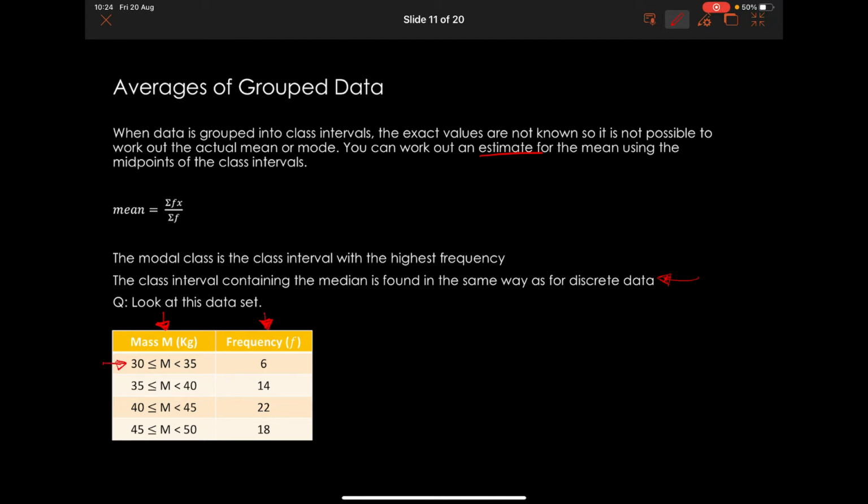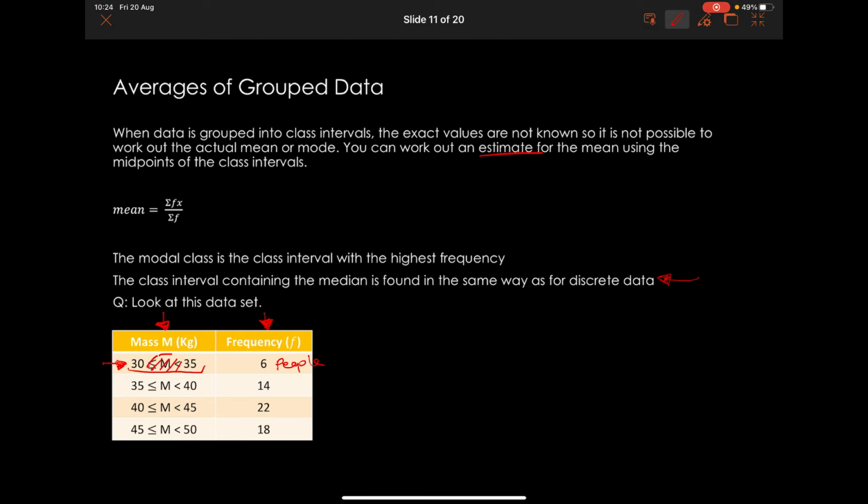Here it's telling you that somebody weighed between 30 and 35 kilograms. That's what that means. You can completely ignore this if it confuses you and put a little dash. So 6 people weighed between 30 and 35 kilos. Let's say 6 children or young people.